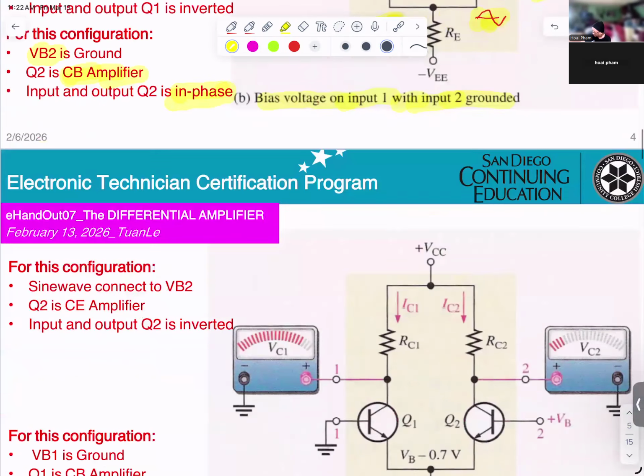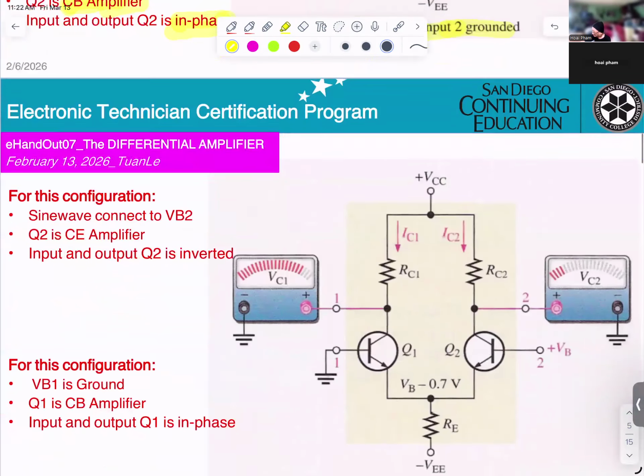Okay, now for this configuration, they do the opposite. That means they apply a sine wave into the base of Q2.